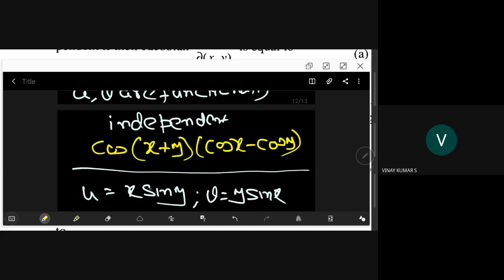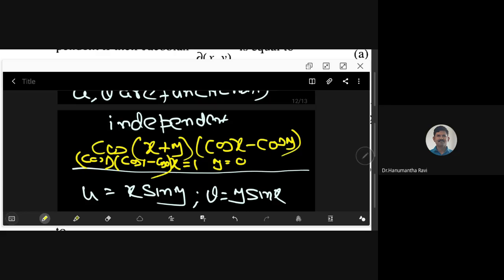So if I choose x as 1 and y as 0, I will get cos 1 into cos 1 minus cos 0.